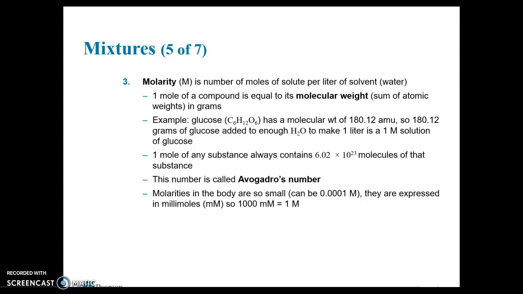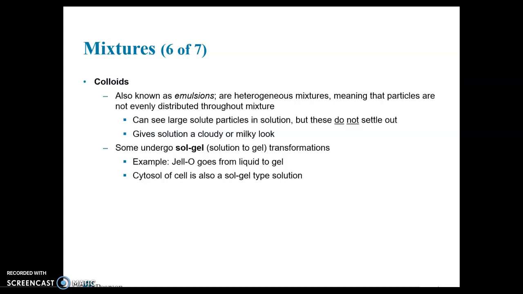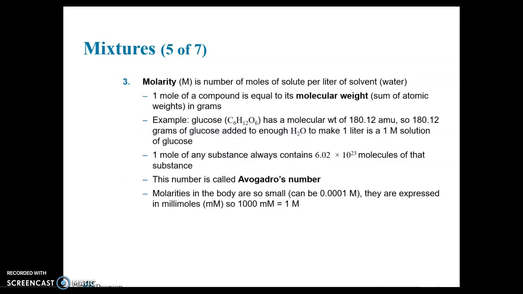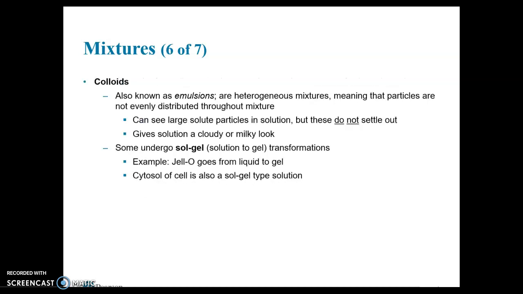This is a pretty complicated chemistry topic, so I'm going to move on, but at least we've gone over it. If you have any questions, you can ask, in case it turns out to be something you have quiz questions on. Okay, so we said solutions.